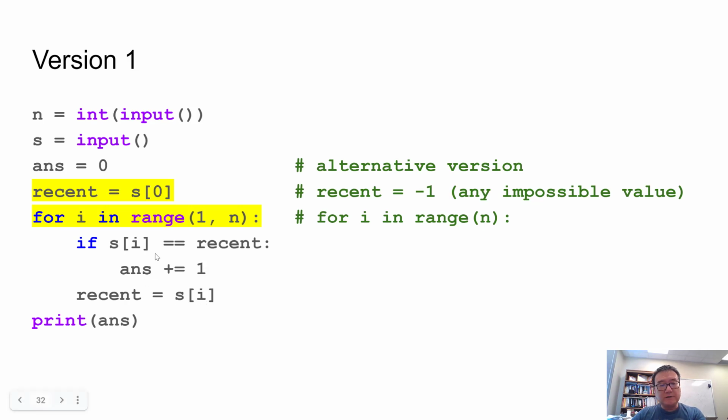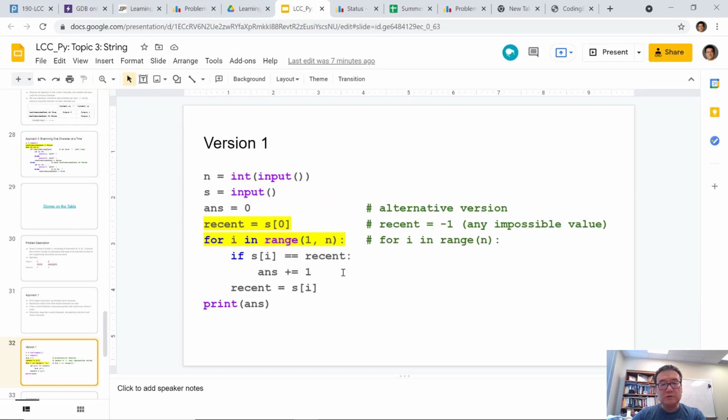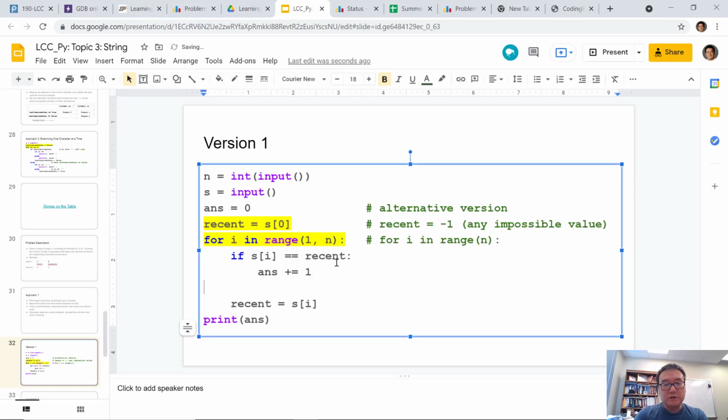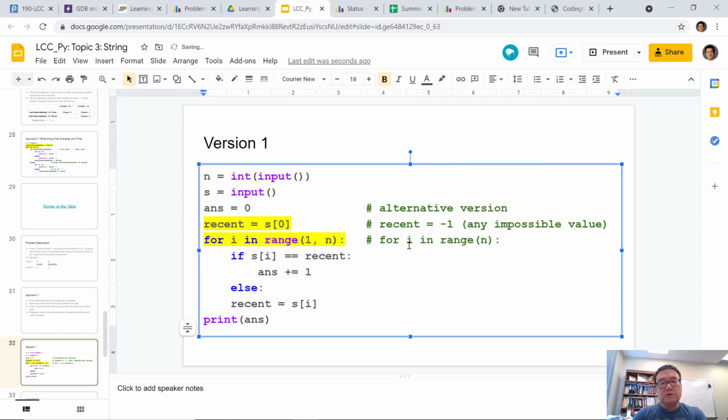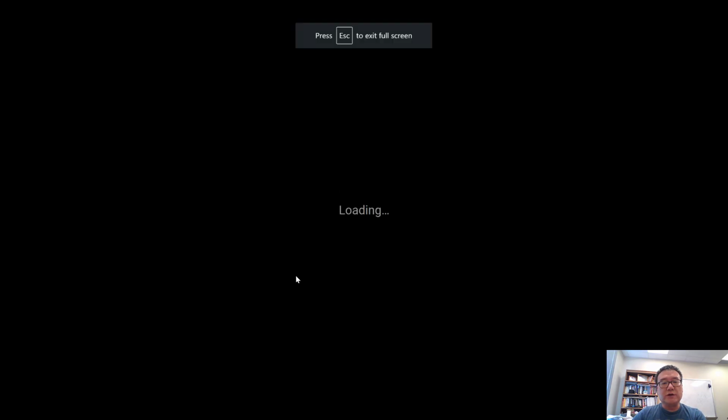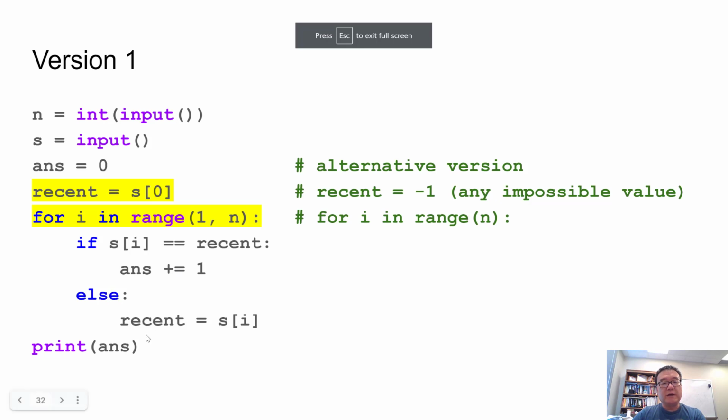Maybe a little bit more intuitive logic is to have an else here. But it's logically equivalent, because in some sense the if branch means that we are throwing things away, so we don't need to update the recent. But updating it is also correct, because in this case s[i] is the same as recent, so when we update recent to s[i], it will be the same.